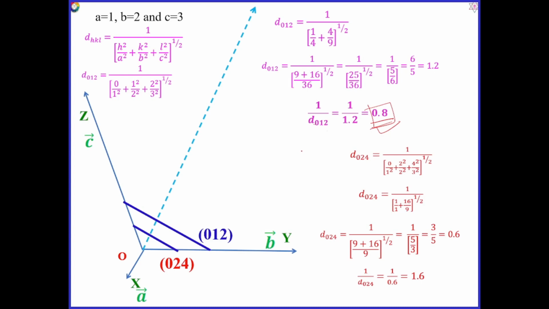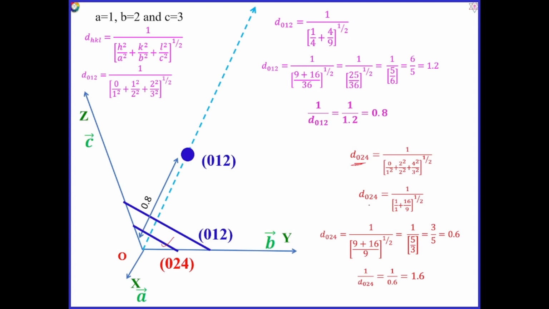Now if the distance from this origin up to this much is your 0.8, then here we have to locate the point which represents the set of planes 012. Right, now we are going to go for this plane 024. You just calculate.